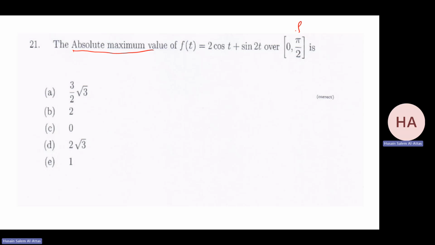Okay. If it's continuous on this interval, find critical numbers. Function is differentiable. No, don't need to worry about this. f prime at t is minus 2 sine t plus 2 cosine 2t.